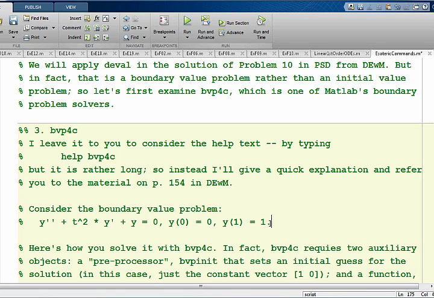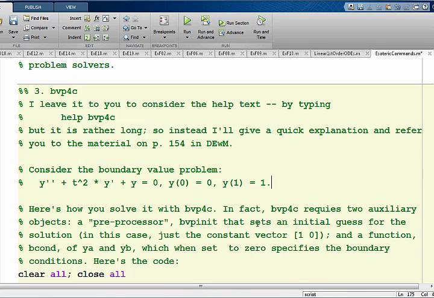And MATLAB has a boundary value problem solver, bvp4c, and it's a little complicated, but it requires two auxiliary objects, a so-called preprocessor, which is called bvpinit. It basically sets an initial guess for the solution, which in this case we're just going to take to be the constant vector 1, 0, and then a function called bcond, boundary condition, of YA and YB, which when set to 0 specifies the boundary conditions.